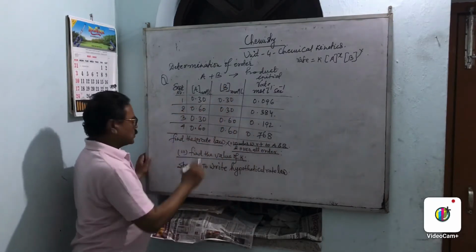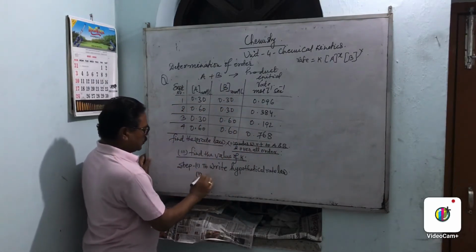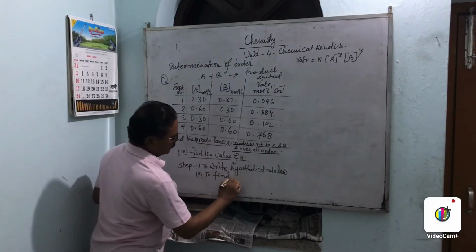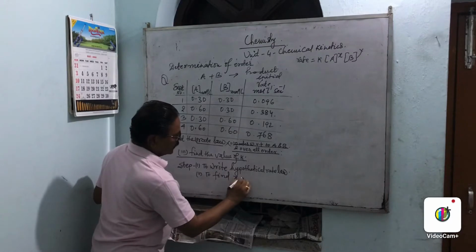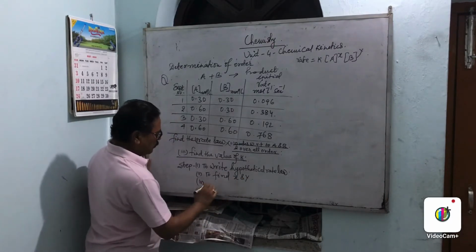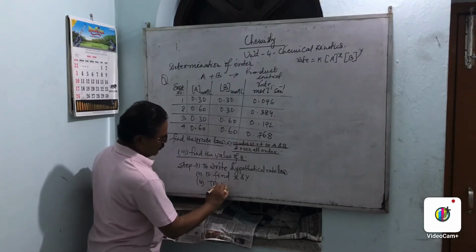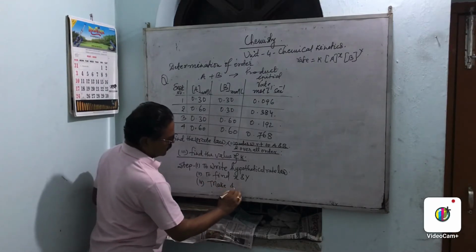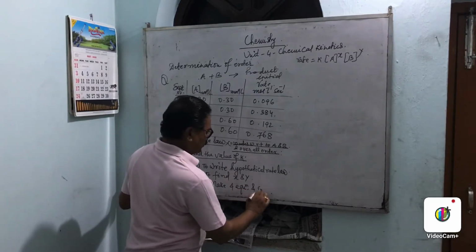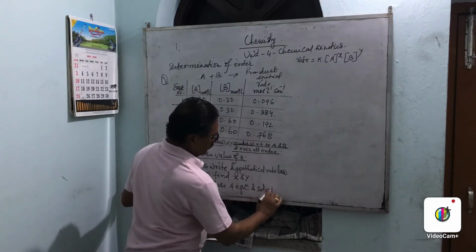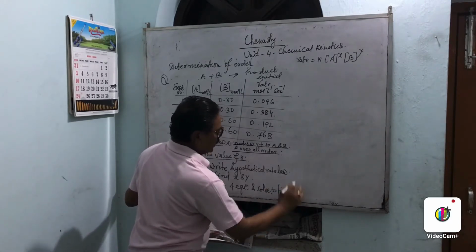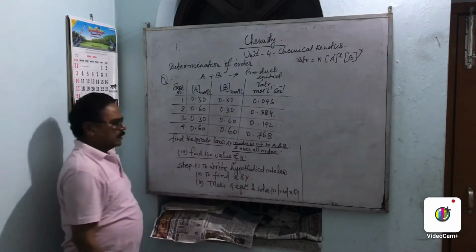Now our aim is to find x and y. Third, how will we find them? Make 4 equations and solve to find x and y. So this is the way we find the rate law.